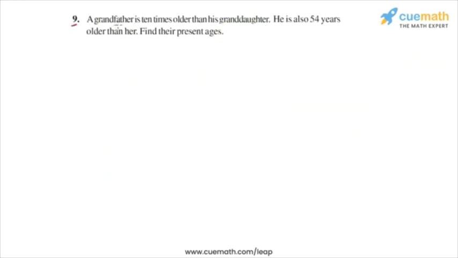Question 9 says a grandfather is 10 times older than his granddaughter. He is also 54 years older than her. Find their present ages. So we are given the grandfather's age as a multiple 10 of the granddaughter's age. And we're also told that the difference in their ages is 54 years. So we can start by assuming the granddaughter's age to be some variable.